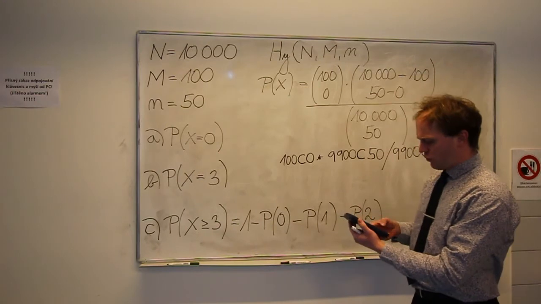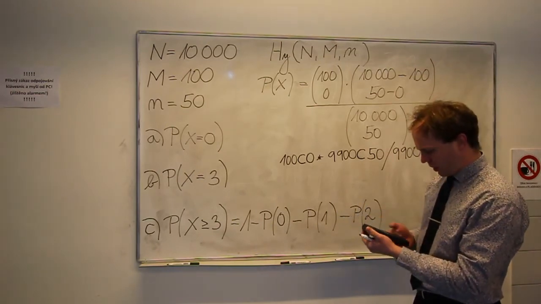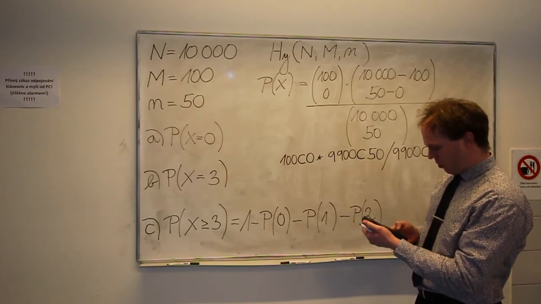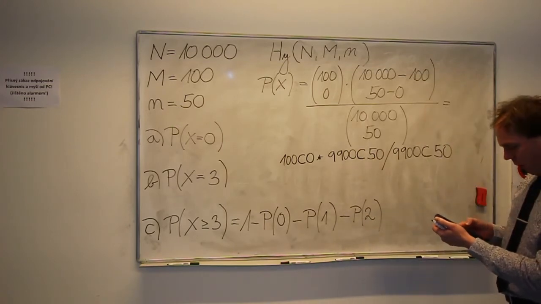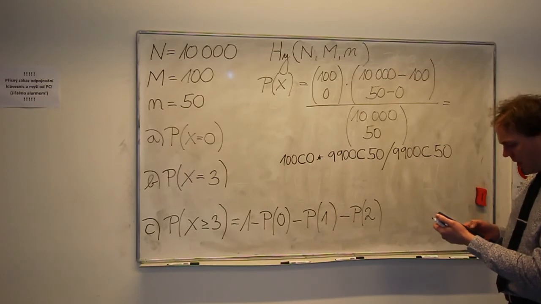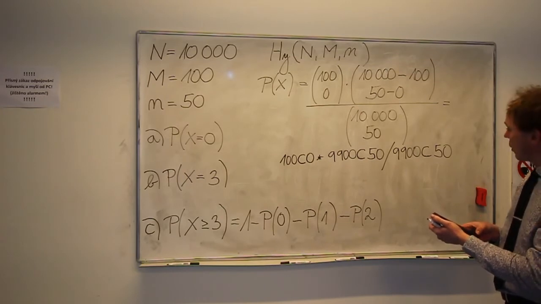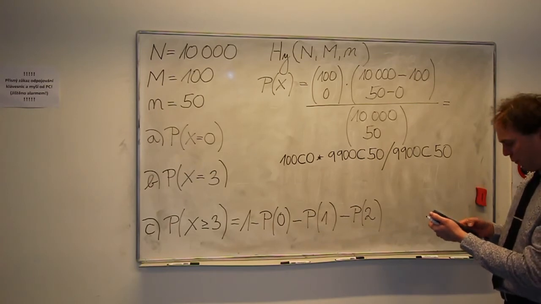I will try to write here 100 combination number 0 times 9900 combination number 50 divided by 10,000 combination number 50. Enter.